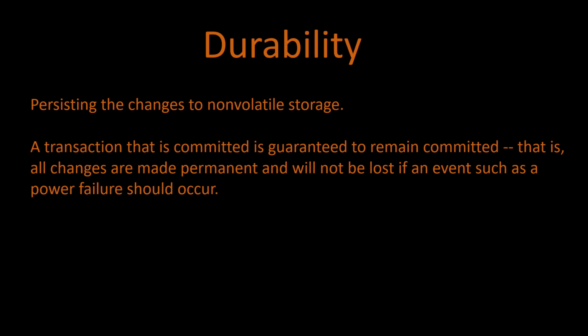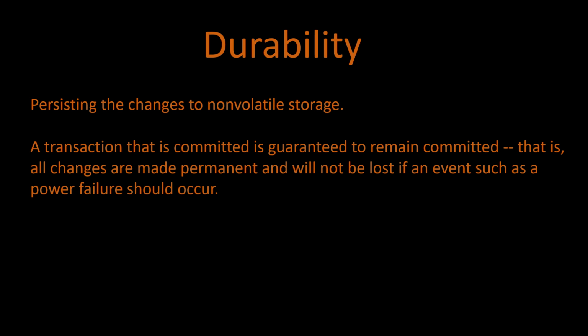The next property is durability. It means that whatever changes we are making should be persisted to non-volatile storage. What it means is that whatever changes we have made to our database should be saved properly so that we can refer back to them in the future.